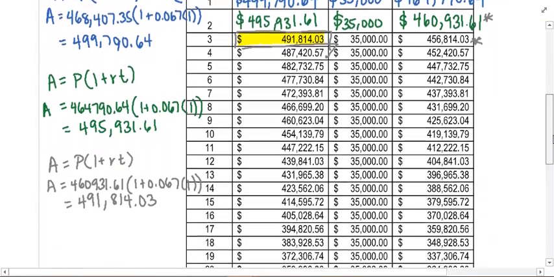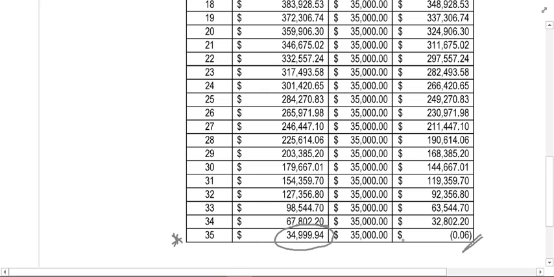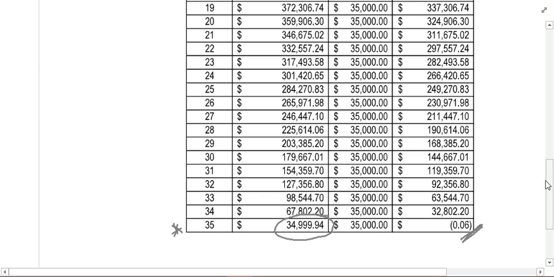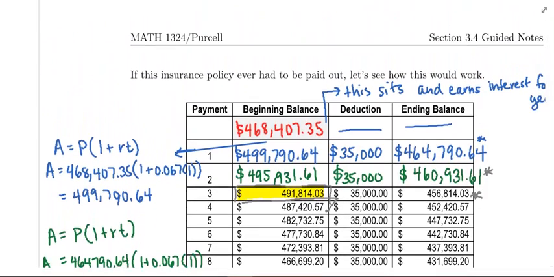And it did that in such a way that we had just enough in the account at the end of the day. We didn't have this extraordinary balance left over. It zeroed out the account. And by doing so, if you add up this deduction column, it paid out John's wife and child $1,225,000.